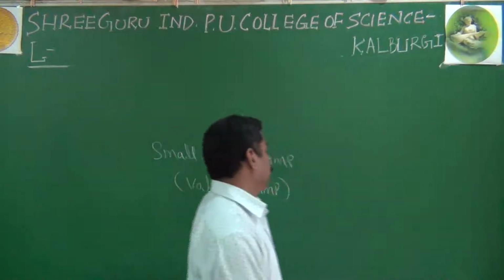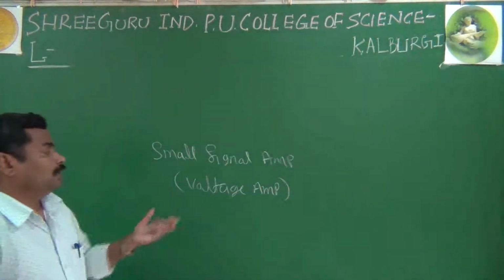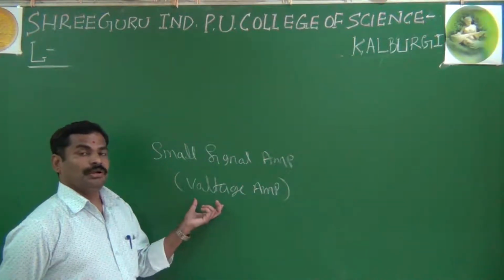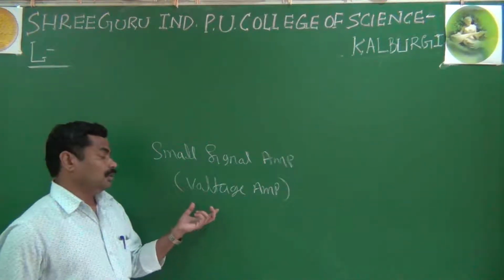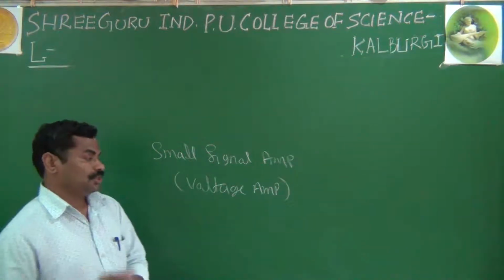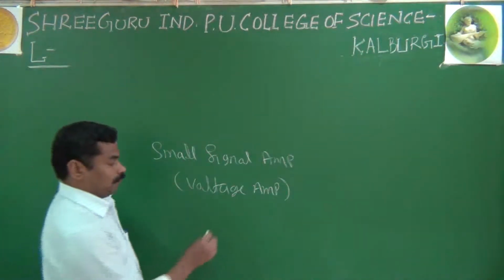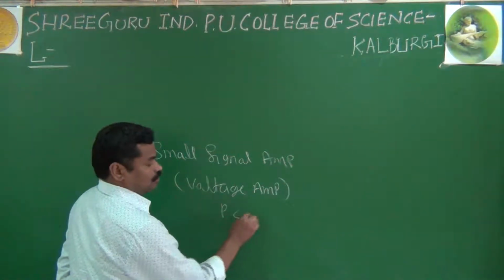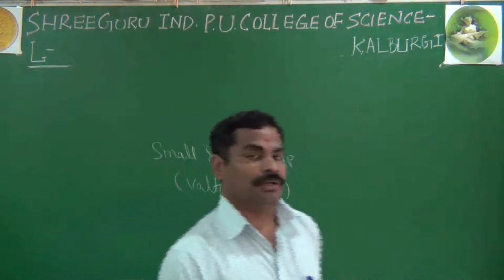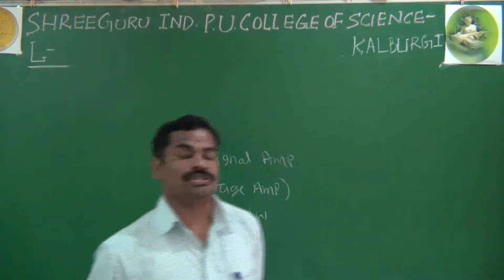Right? The important thing in the small signal amplifier is that we apply a very small signal. Because of the very small signal, the voltage is very small and the current is also very small. That's why yesterday I said the power is nearly less than 1 watt. We get power less than 1 watt, the power efficiency is very less, and the power dissipation is also very less.